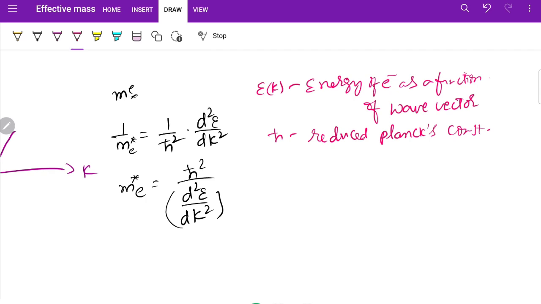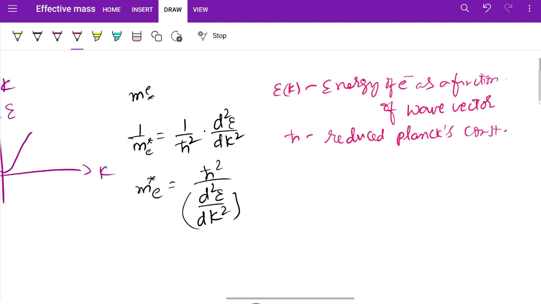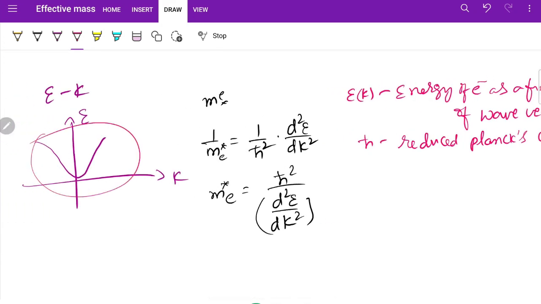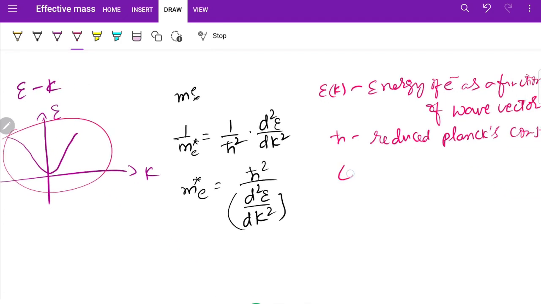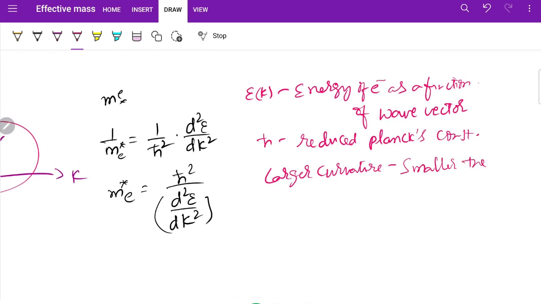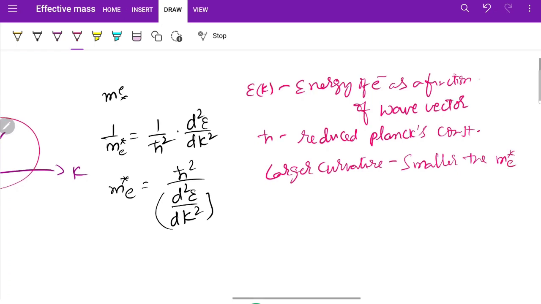The important factor is the curvature of this particular graph. The larger the curvature, the smaller the effective mass m star, and vice versa. A flatter band or flatter curvature leads to a larger effective mass.